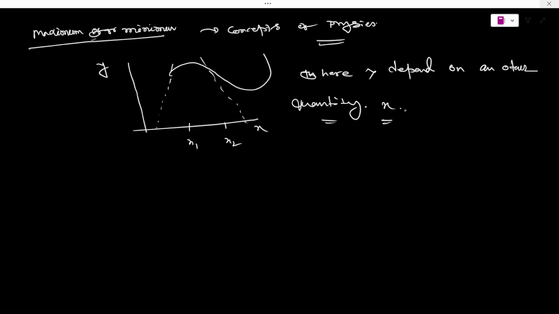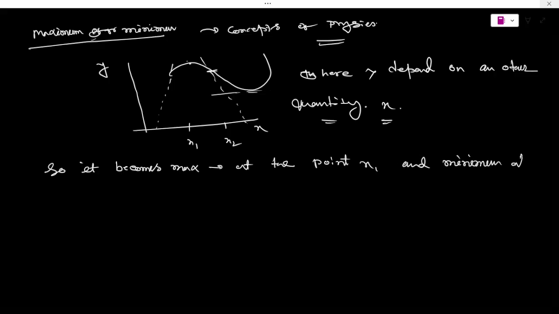So it becomes a maximum at the point x1, and this is the point where it becomes a minimum, at the point x2. Minimum at the point of x2.